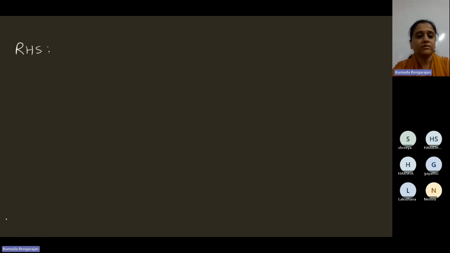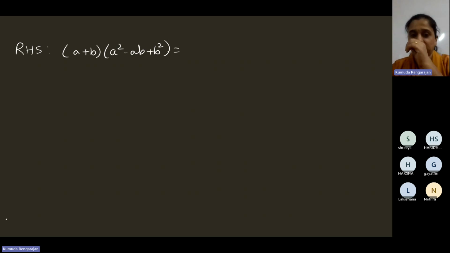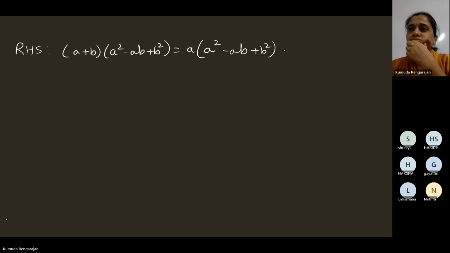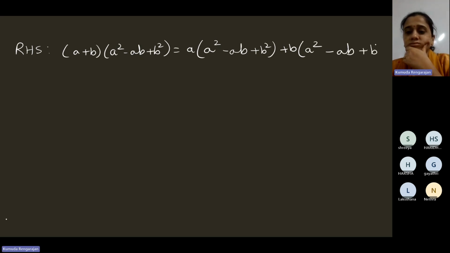So we take up the right-hand side. A plus b into a squared minus ab plus b squared is equal to, yeah, Krish. First step. Sign order சொல்லணும். Very good.